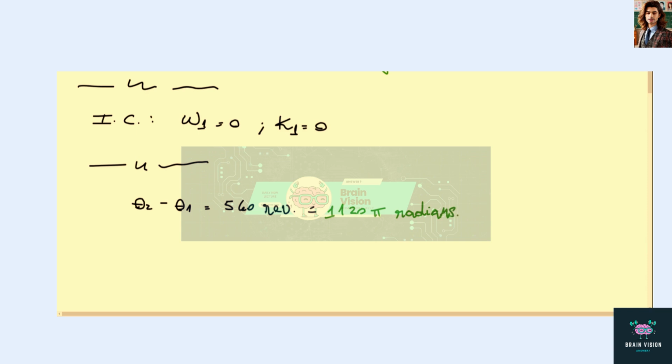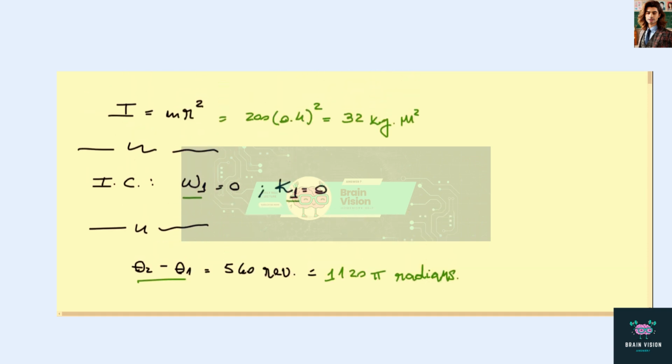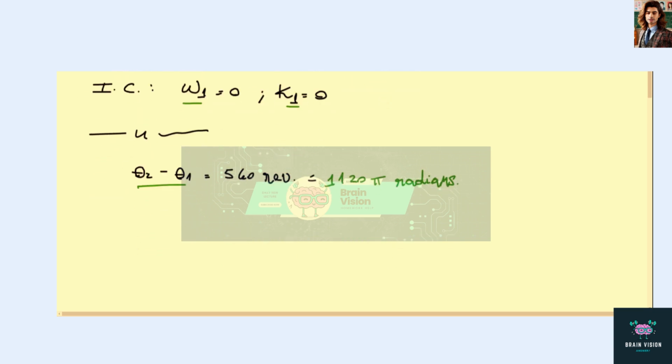So we know how much the flywheel moves in the angle. We know that the initial kinetic energy is 0, we know the initial angular speed, and we know the moment of inertia of the flywheel.